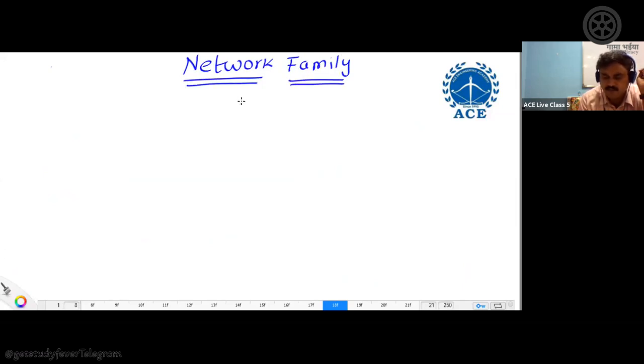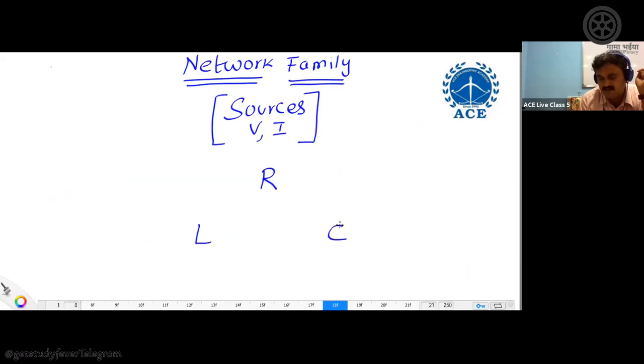First, sources are voltage and current, and then we have R, L and C. Along with this, one more element that we did not discuss is M. M is called mutual inductance.